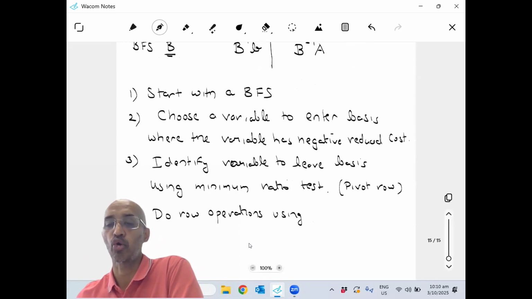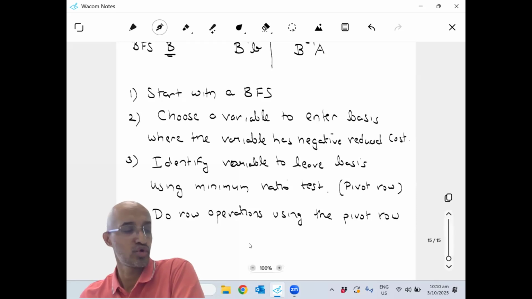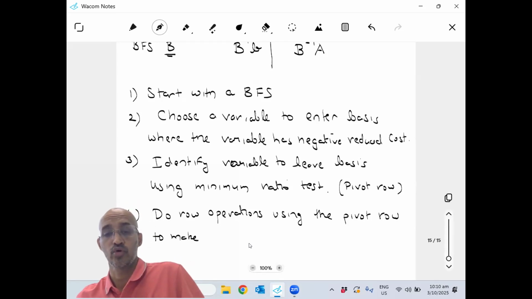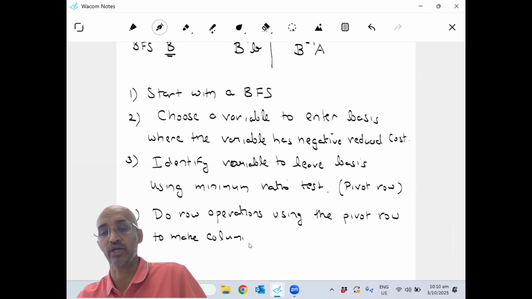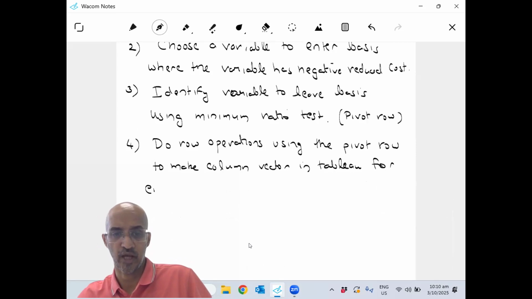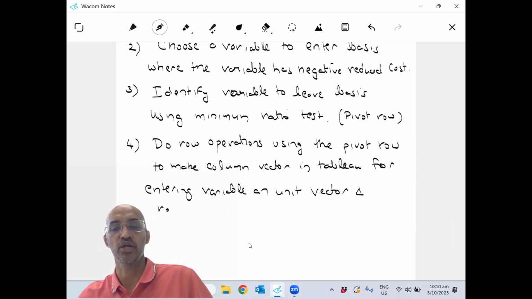So we do row operations using the pivot row to make the column vector in the tableau for the entering variable a unit vector. So we're going to do a transformation, and make the reduced cost equal to zero.